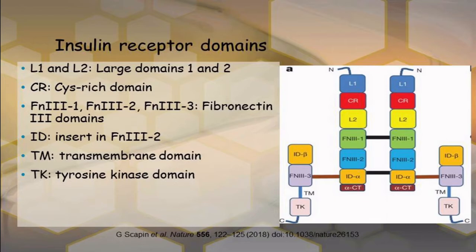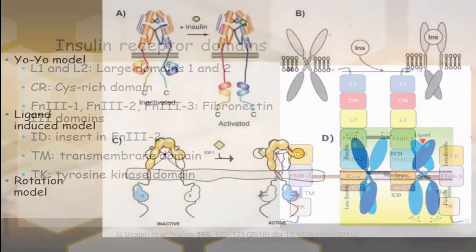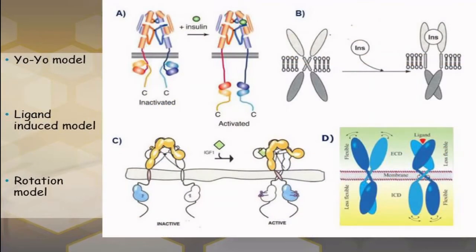You have an insert domain for the alpha chain and for the beta chain, and then the transmembrane domain TM and the tyrosine kinase domain, that is the TK. These are the different models that have been proposed by several research groups to explain how the insulin receptor is activated.